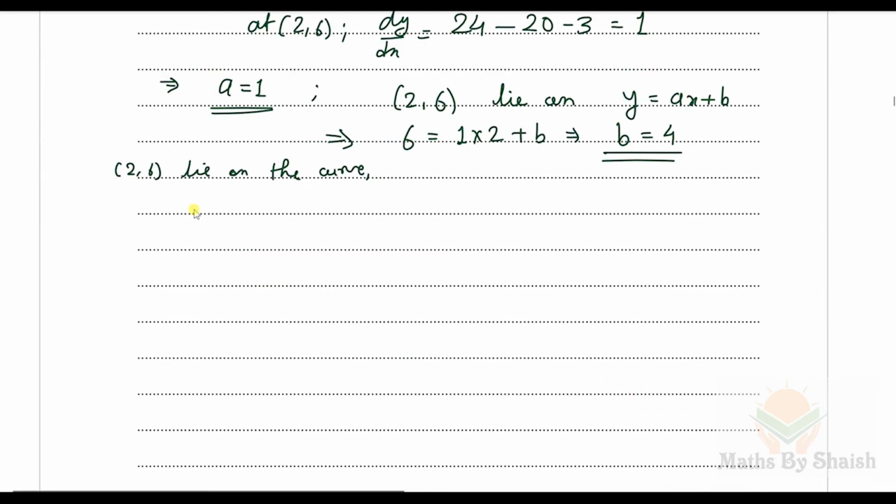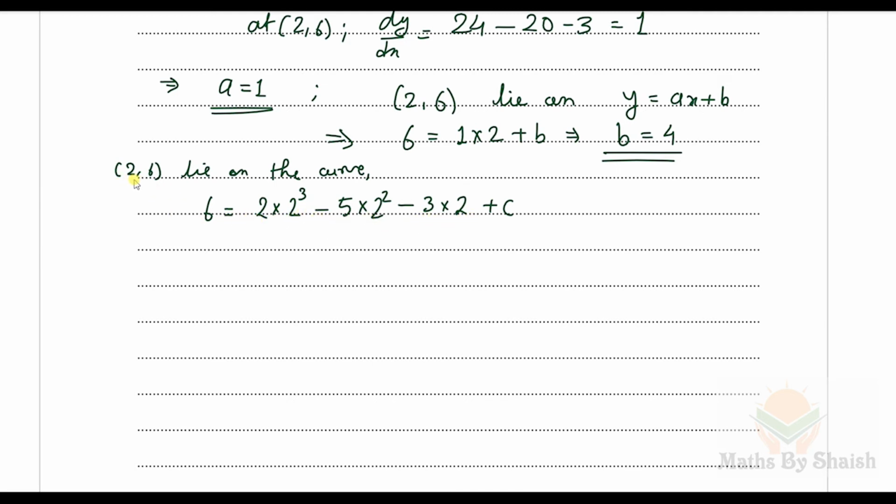So y is equal to 6 is equal to 2 times x cube, that is 2 cube, minus 5 times x square, that is 2 square, minus 3 times x, that is 2, plus c. The y was 2x cube minus 5x square minus 3x plus c.